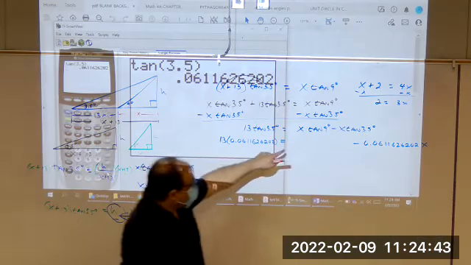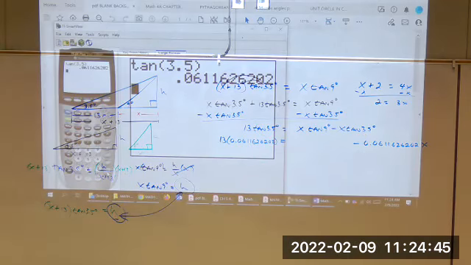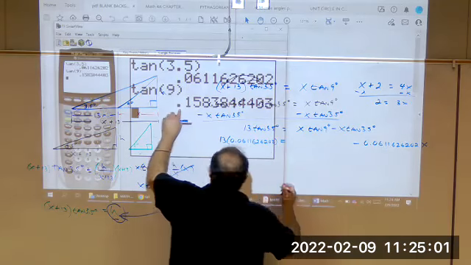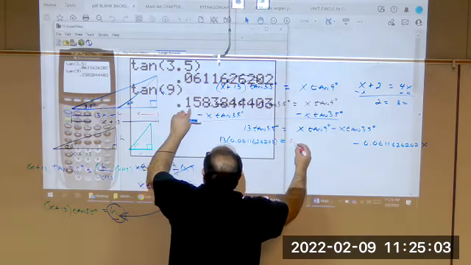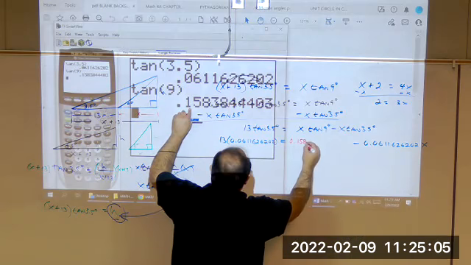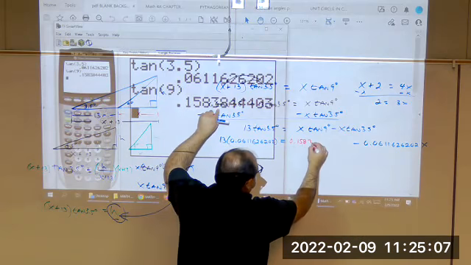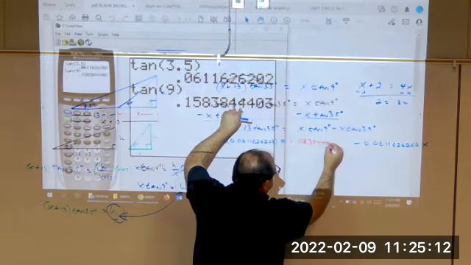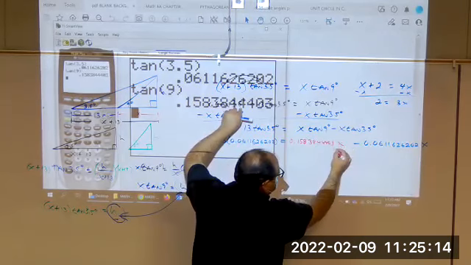And the tangent of 9 degrees is 0.1583844403 times the x.